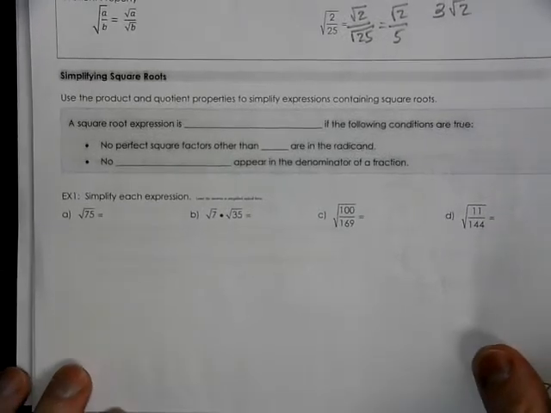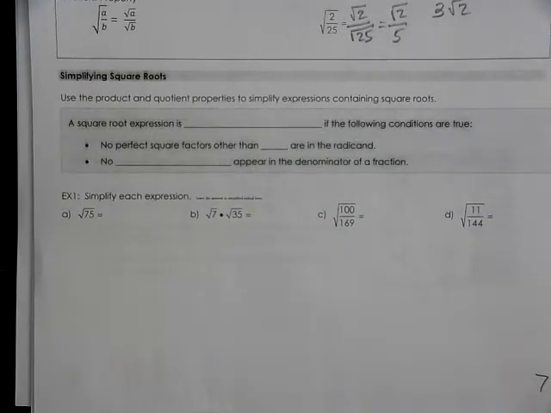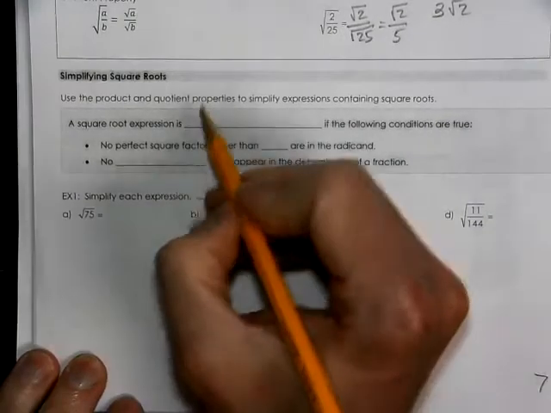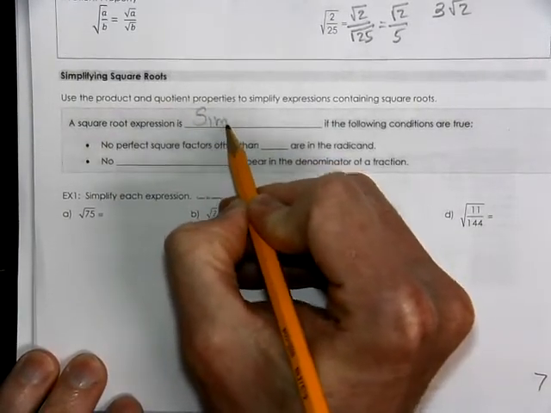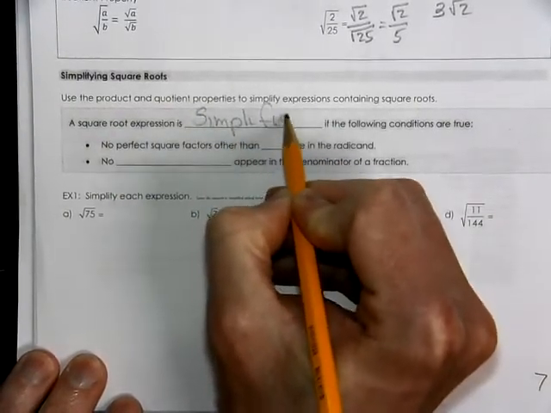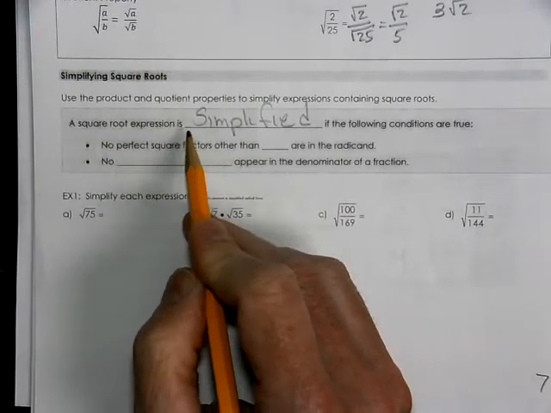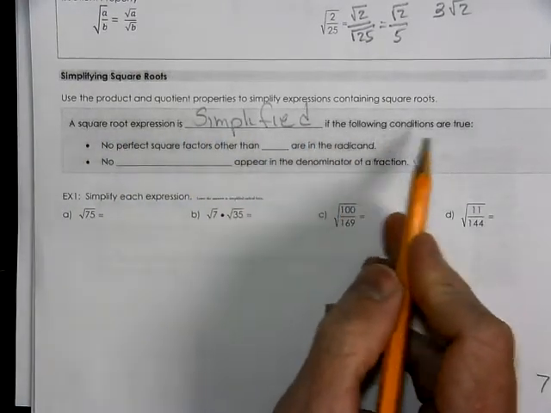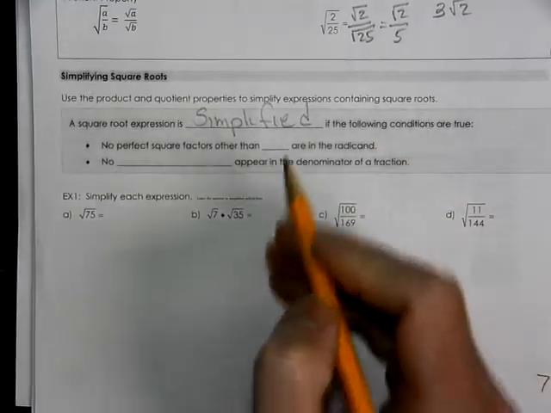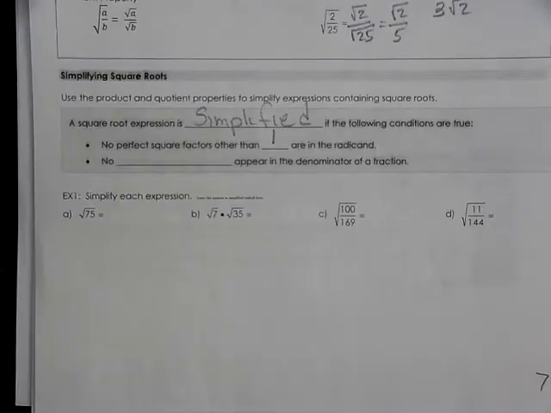To simplify a radical, a square root expression is simplified if the following conditions are true. No perfect squares or square factors other than 1 are in the radicand.